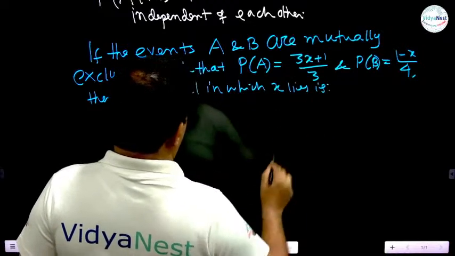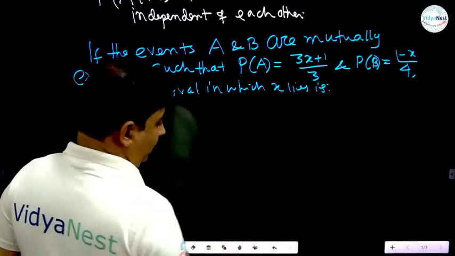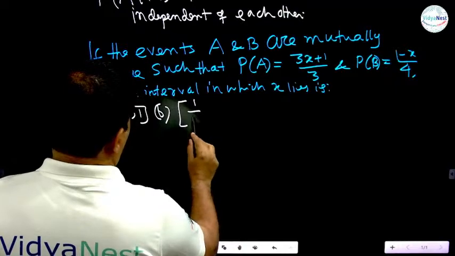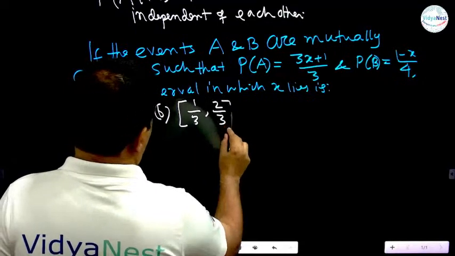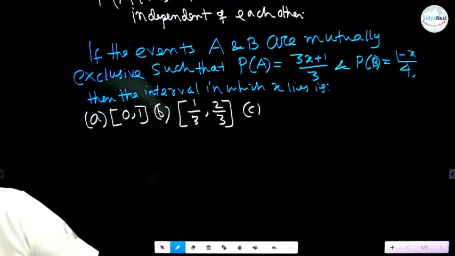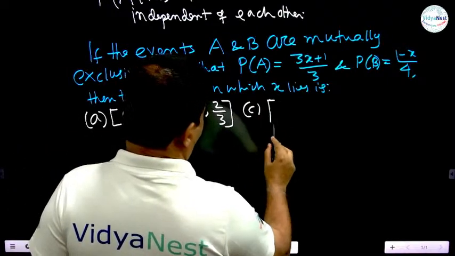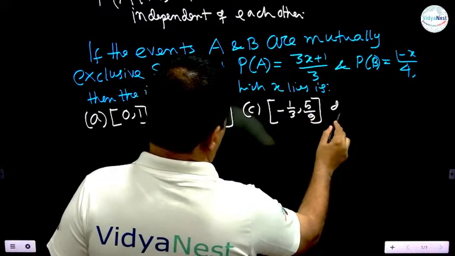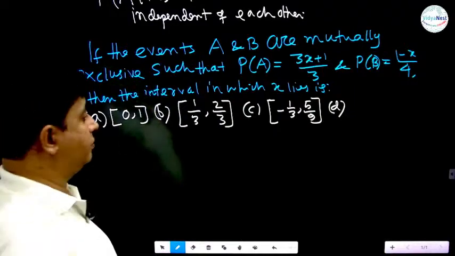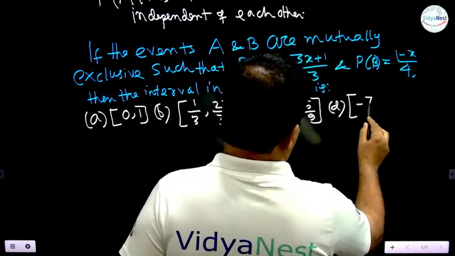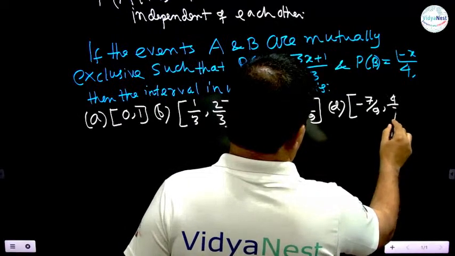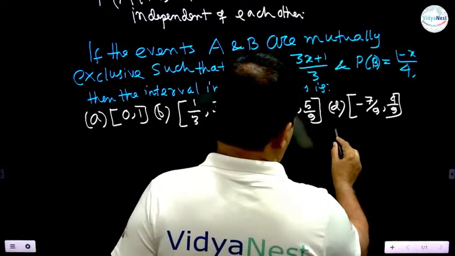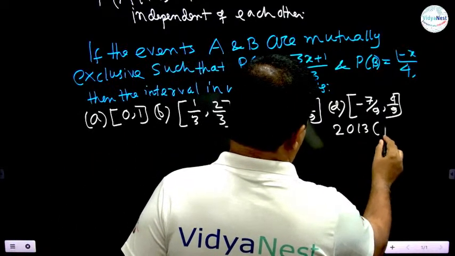There will be 4 options against this question. And D. This is 2013 JEE Main.